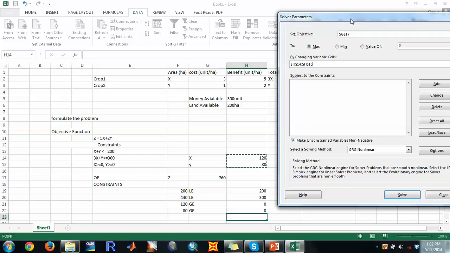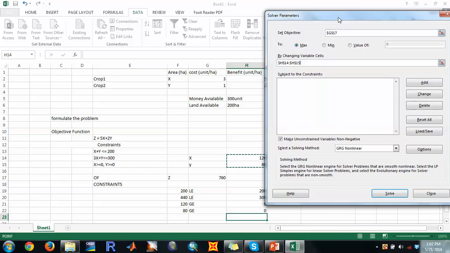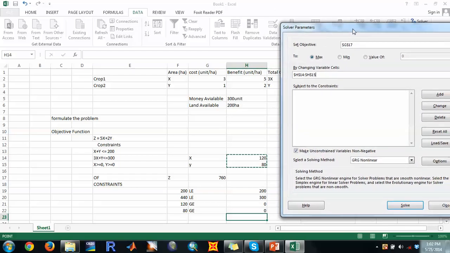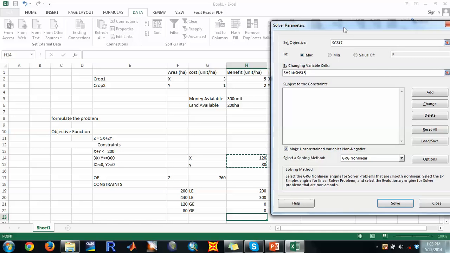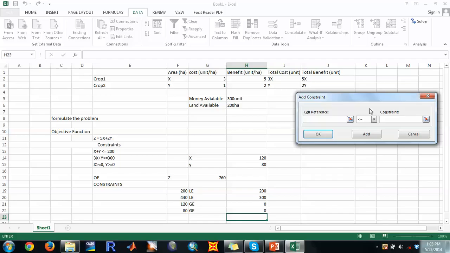For that you have to enter the constraints. To add your constraints, you can just come here and say Add. This is the constraint box. The first constraint is that x plus y should be less than or equal to 200, and then say Add.